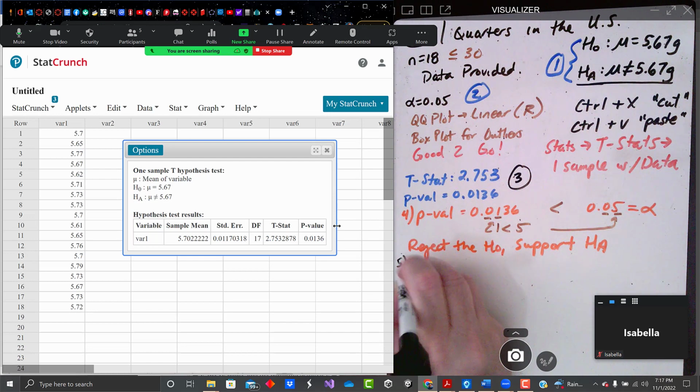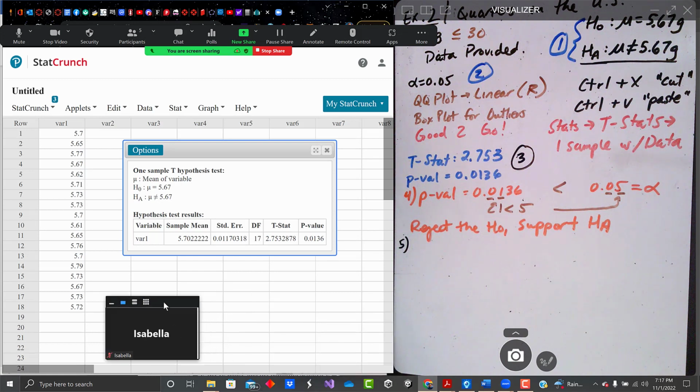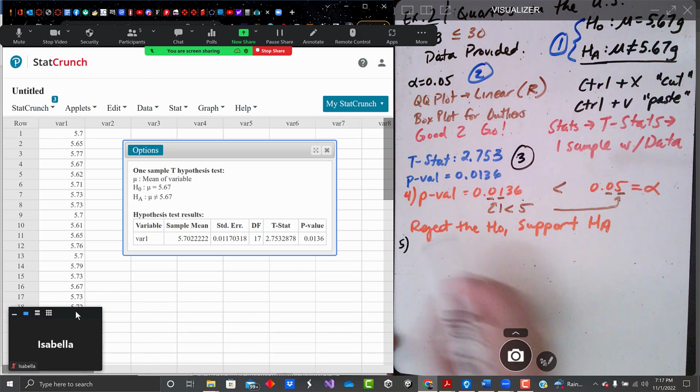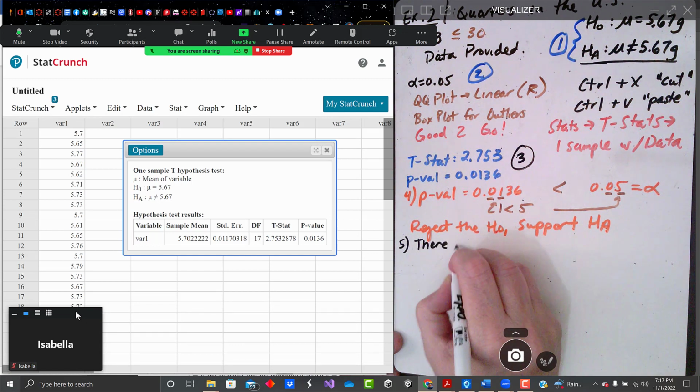So step 5. This time there is sufficient evidence. We're supporting HA.